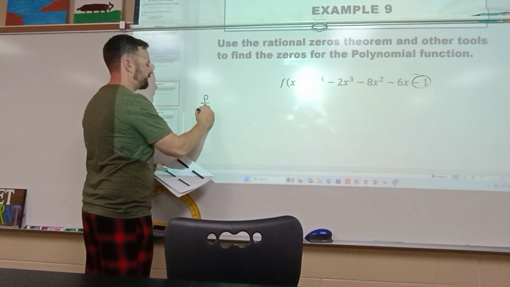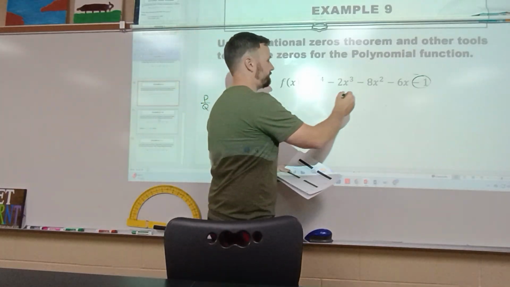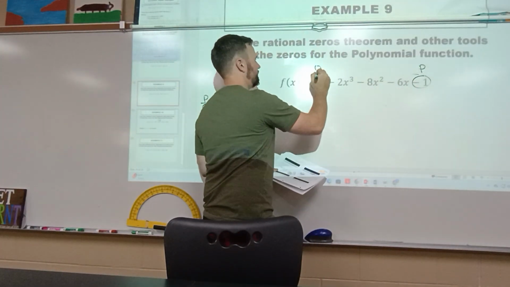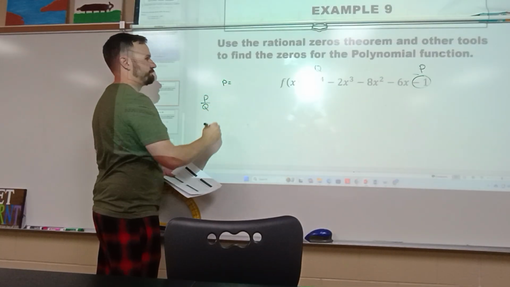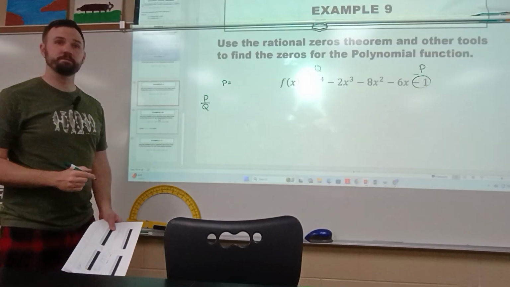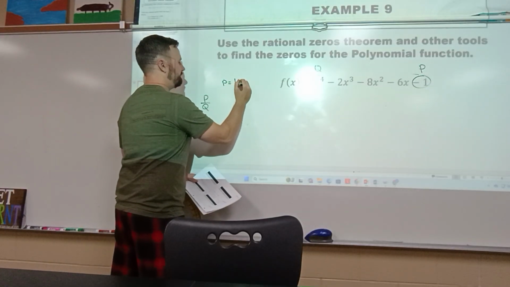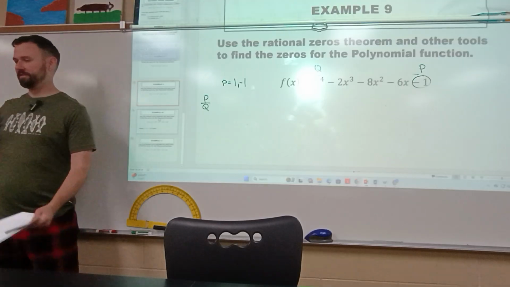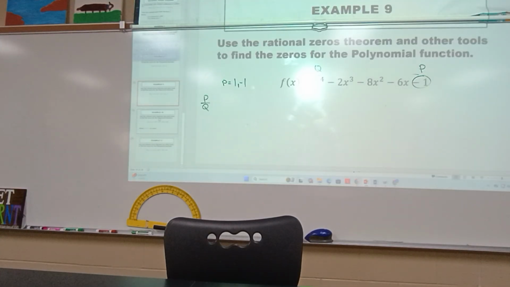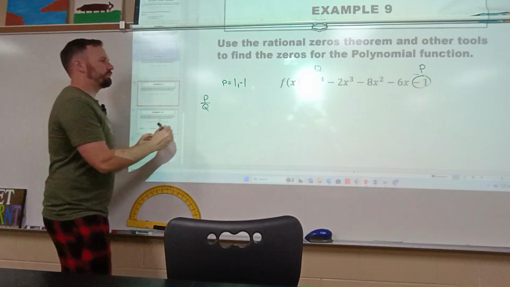All right, we're doing P over Q, right? My P and my Q. What are my factors of negative 1? What times what equals negative 1? 1 and negative 1. That's not too bad, huh? What are my factors of Q?